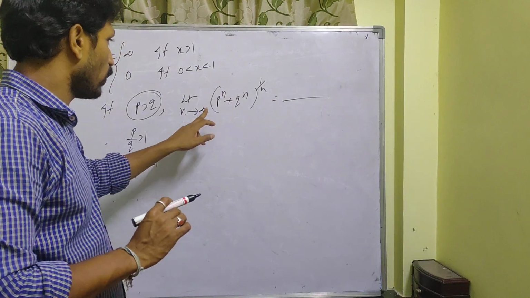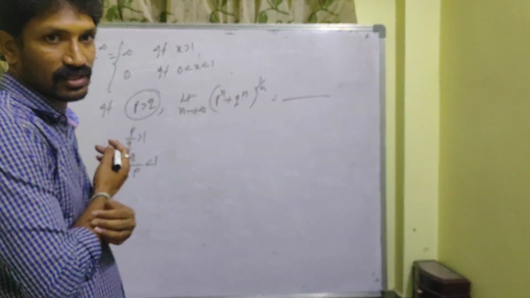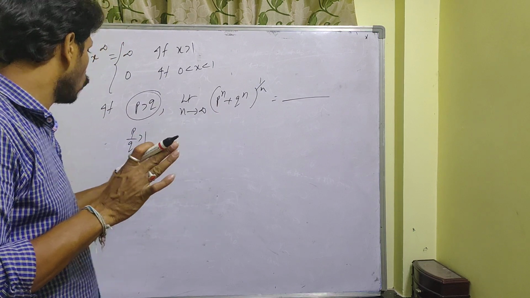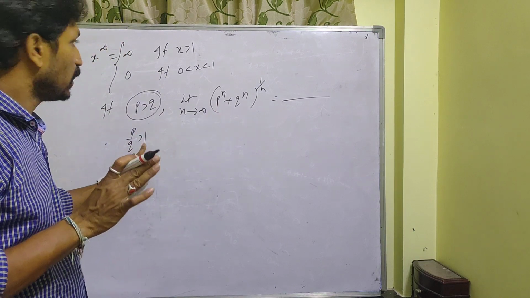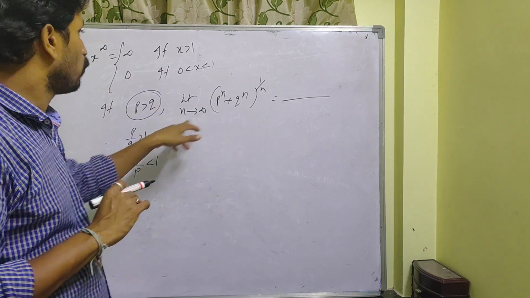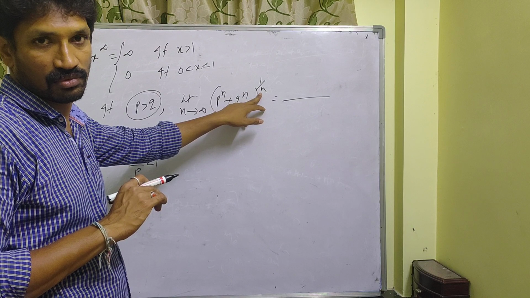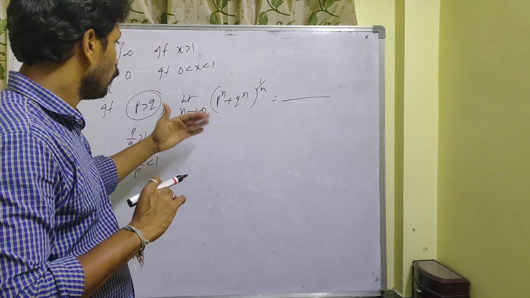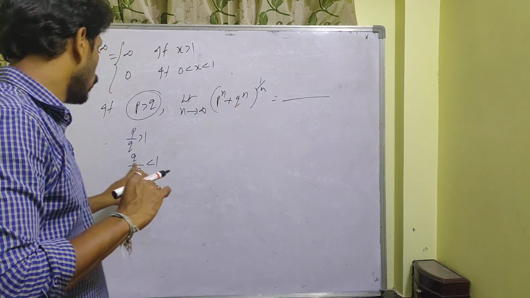As n tends to infinite, the power is infinite. Okay, if you go for p by q, what is it here? Greater than 1. That becomes infinite. Infinite power 0 is an indeterminate form. Okay, see, if you go for q by p, what is it?